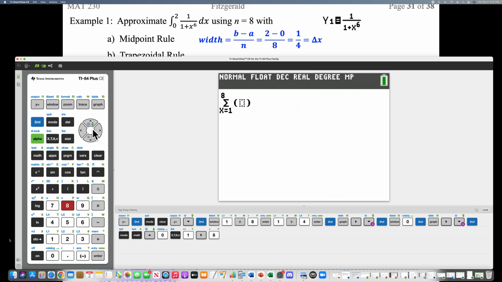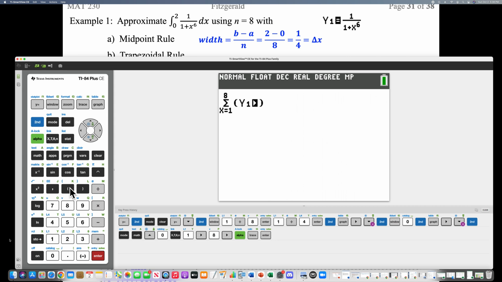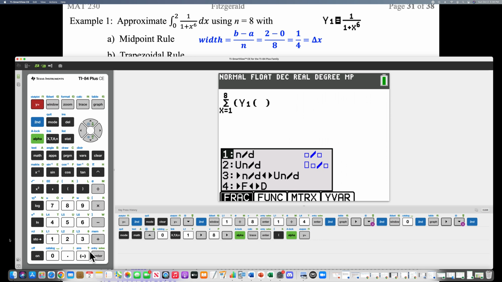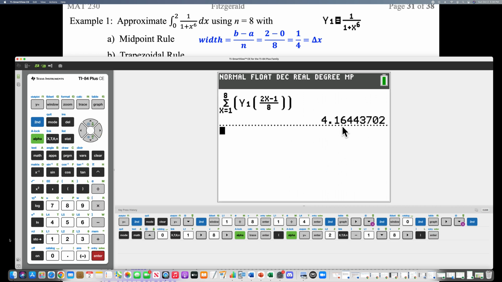I'm doing the 1 for the midpoint rule right now to sum that up, and that was alpha trace y1, parentheses, alpha y equals the fraction 2n, which is 2x minus 1 over the 8. I've got to get out of there and close off those parentheses, and there was that summation I had right there.